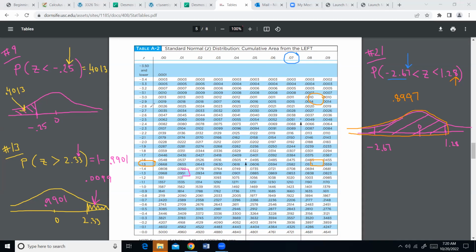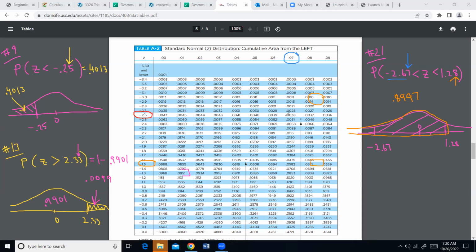Okay, negative 2.6 is here. Actually, careful, 2.6 is lower, right? So let me clean this. Negative 2.6 is this row.